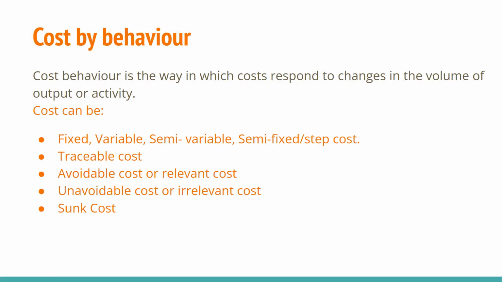And now that we're going to talk about cost by behavior, we could say that direct materials is a variable cost. Our cost of direct materials is variable because it changes with the number of units that I make. If we are talking about TVs and there's some material, let's say the power cord, if I make more TVs, then I'm going to have to get more power cords.